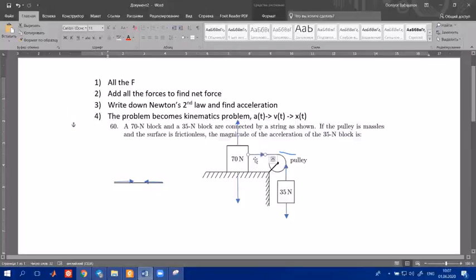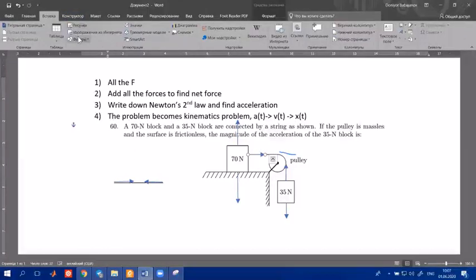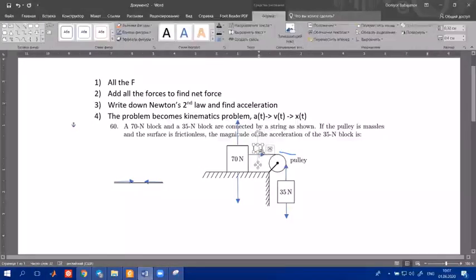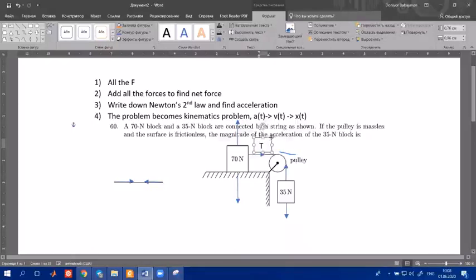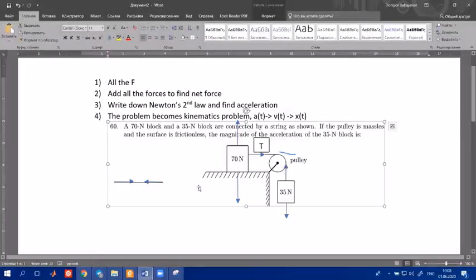And the only remaining force will be this force, the tension force. Let's note it as T. This is tension T. Then if the tension from one end is T, the tension from the other end will also be T, because this is an ideal rope.